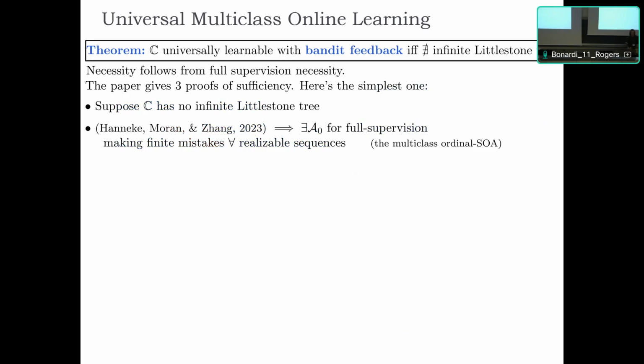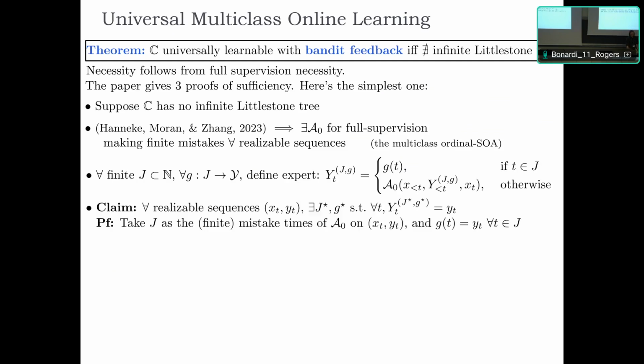Suppose that you have a concept class that has no infinite perfect Littlestone tree. Then we know from the previous works that in the full supervision setting, there is an algorithm that guarantees finite mistakes on all realizable sequences. This is something called the multiclass ordinal SOA. Let's call that A0 here. And what we'll do is define some experts based on A0.